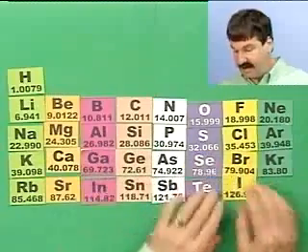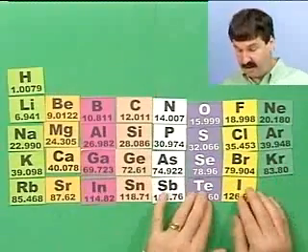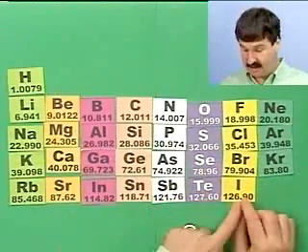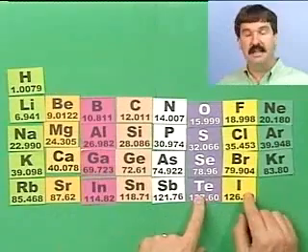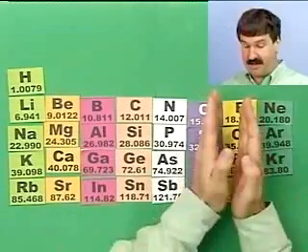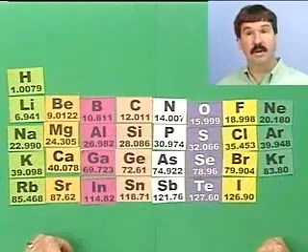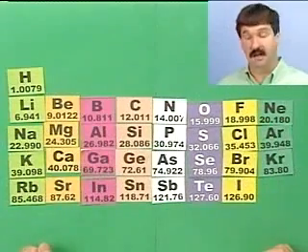That suggested that what's more important is atomic number, and given that iodine has one more proton than tellurium, the atomic number is larger, it suggests that these two should be switched around. And that brings them into line as far as their chemical reactivity, as far as their combining ratios.